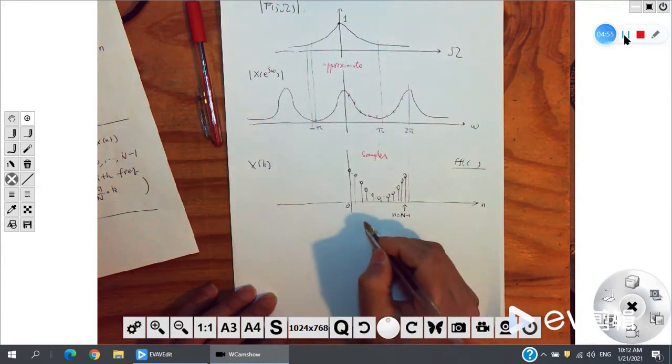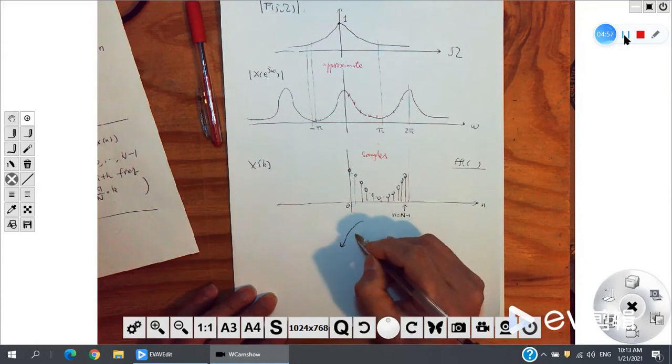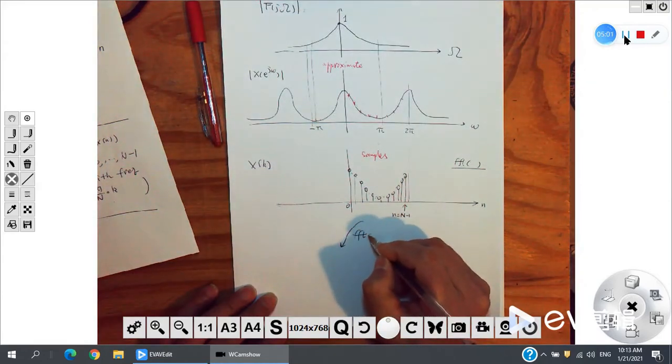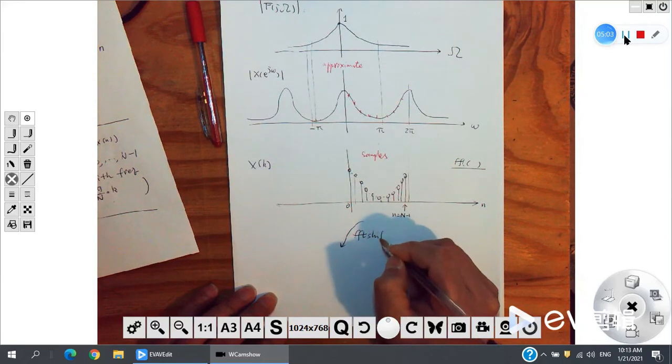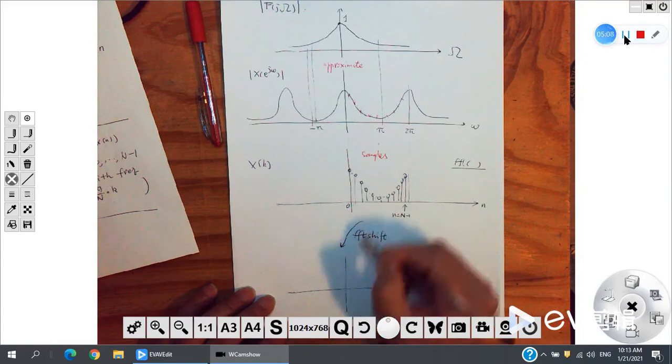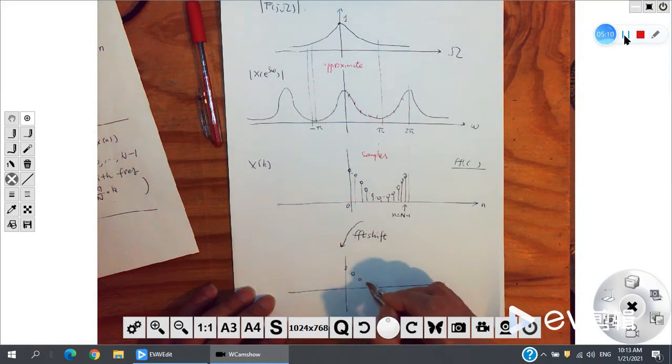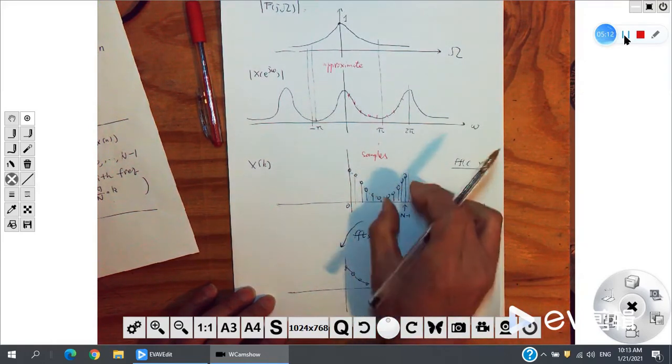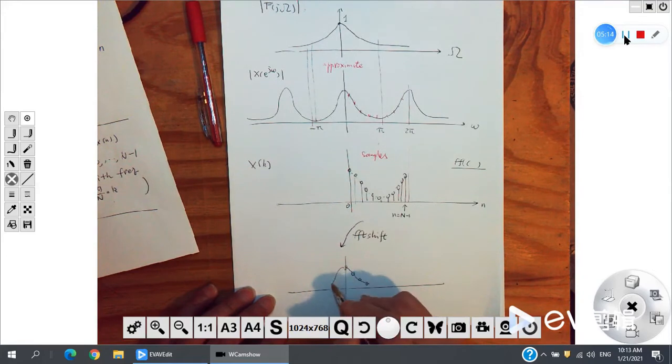So we have another function. The name is FFT shift. Then you keep this part, and move this part to the other side. So you will have a result that looks like this.